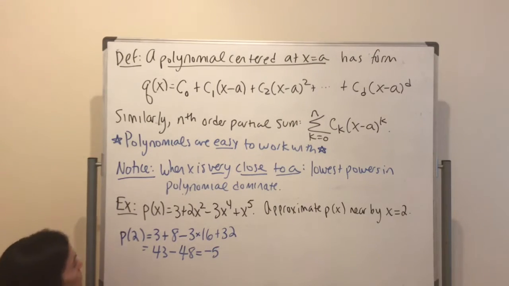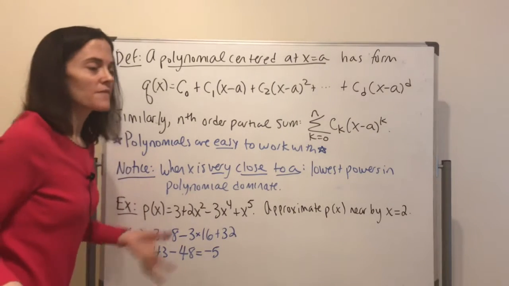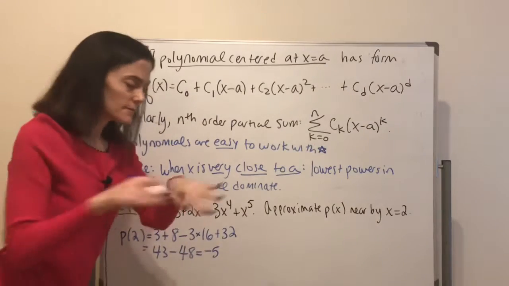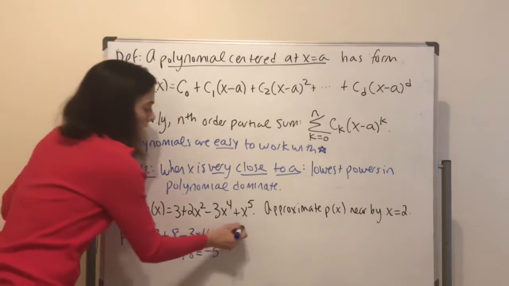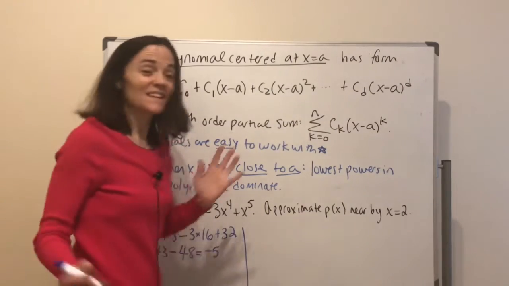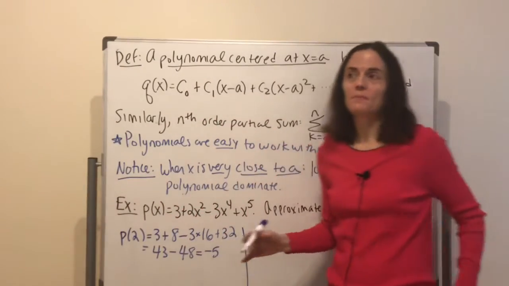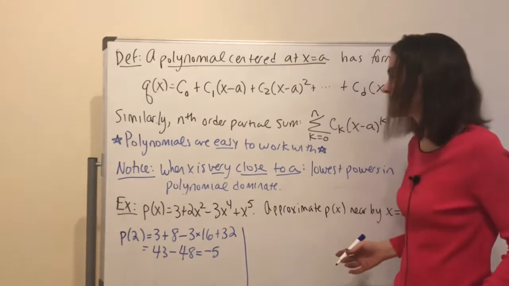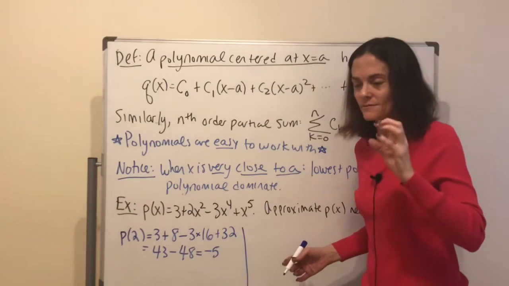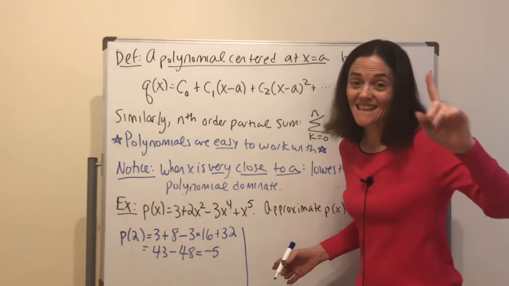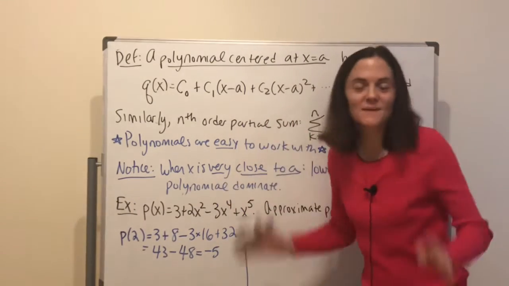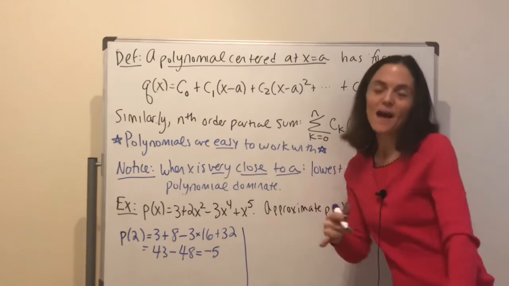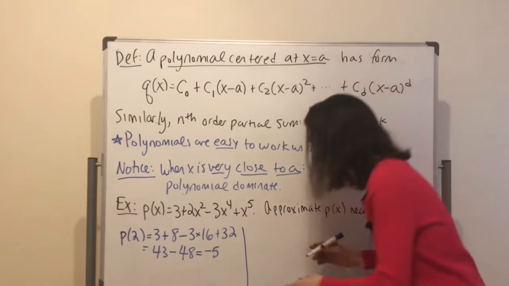So you might say, well, the value, negative 5, that's a good approximation nearby. But we know, for example, from calculus 1, there's a better approximation than this, right? Which is the tangent line. This is the best linear approximation to a function nearby some value.